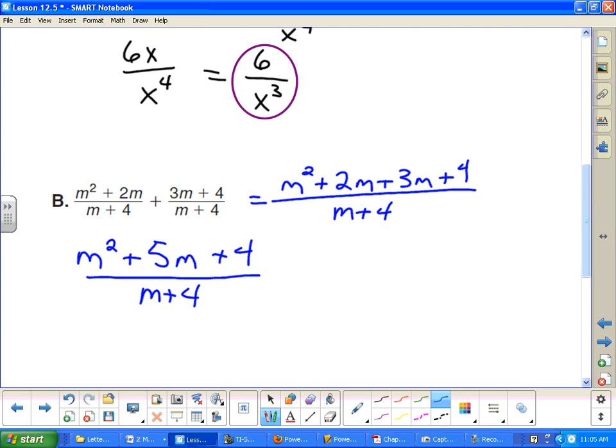Now the question is, can I simplify it further? Since we have a quadratic here, we need to see if we can factor it, because it's a possibility that I'll have a common factor with the numerator and my m plus 4. So we need to factor that to see.